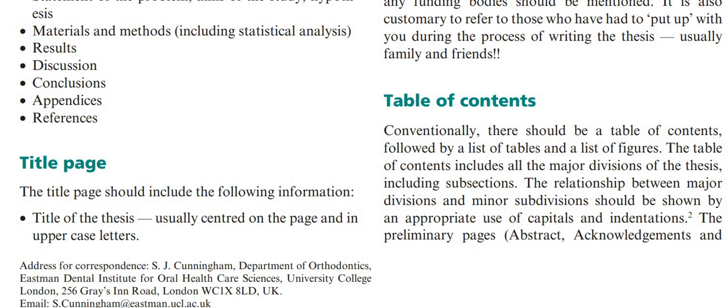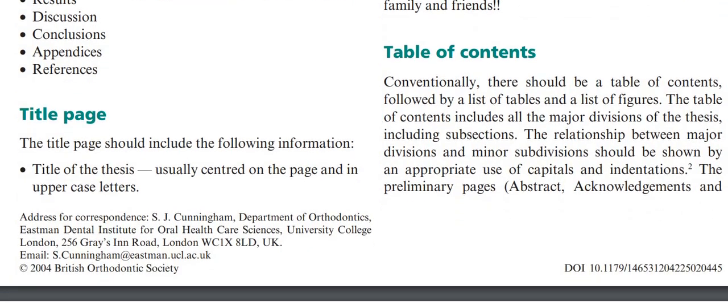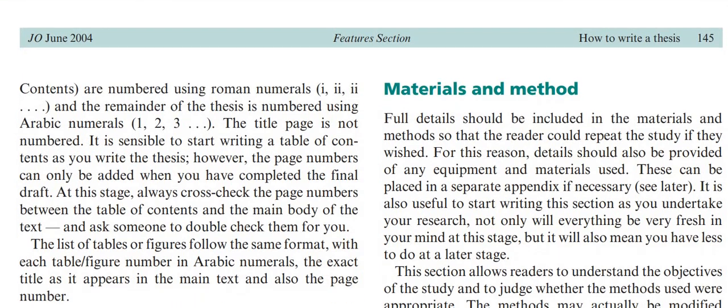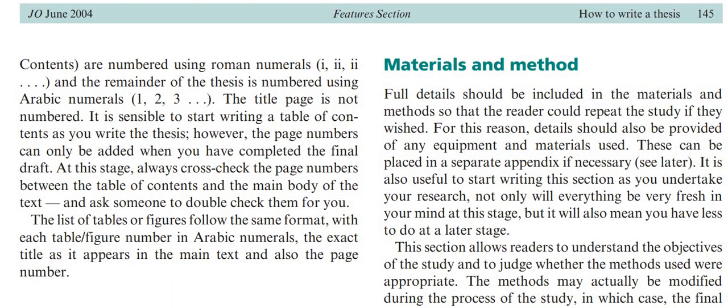The preliminary pages, abstract, acknowledgements, and contents are numbered using Roman numerals, i, ii, iii like this, and the remainder of the thesis is numbered using Arabic numbers, 1, 2 like this.